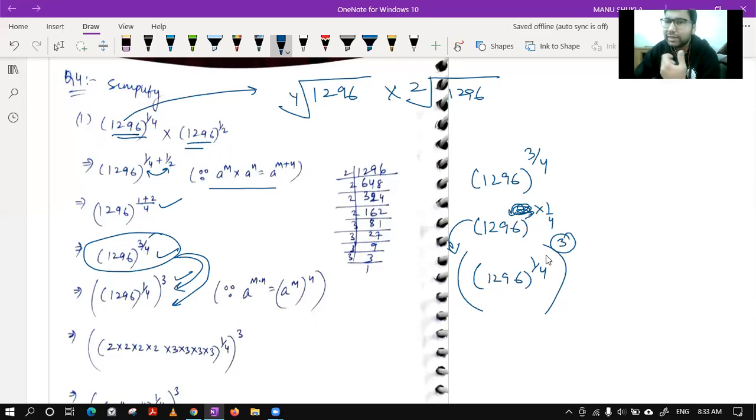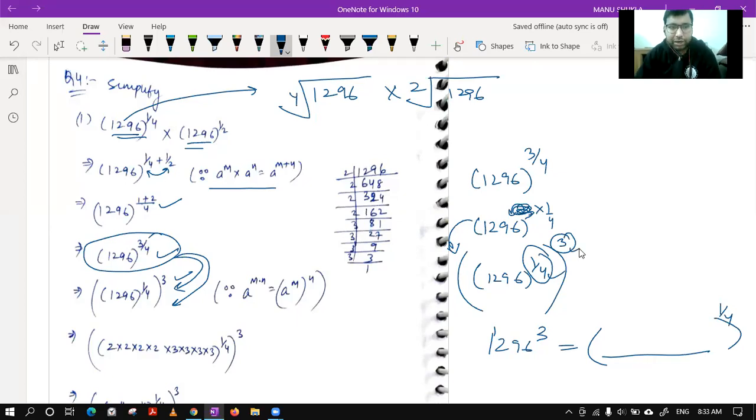But if you take 3 inside, it will make the number much larger, because 1296 cubed will give you a larger number, right? And then finding its 1/4 will be difficult for you. That is why I preferred to operate with 1/4 first, and then I went for the cube.